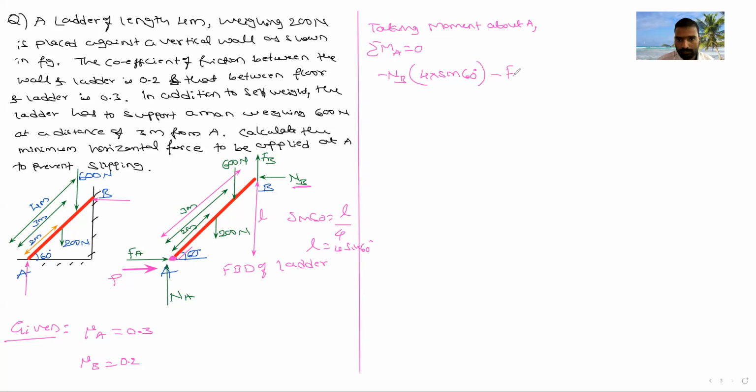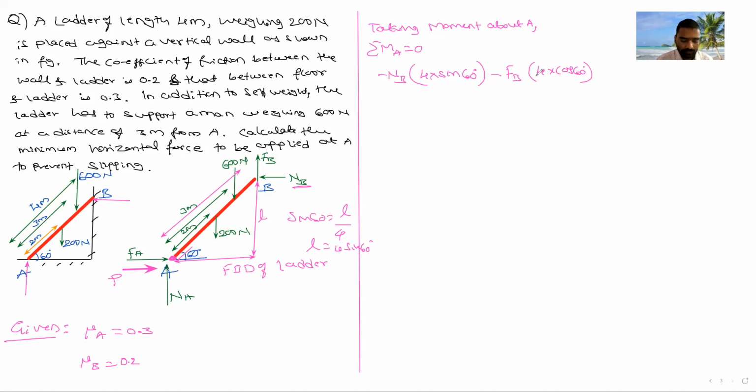FB is the force, and I want the horizontal length, from this point to this point. That is 4 cos theta. So FB into 4 into cos 60.